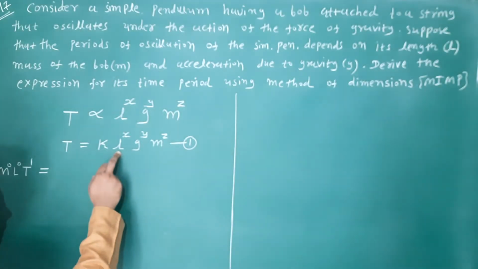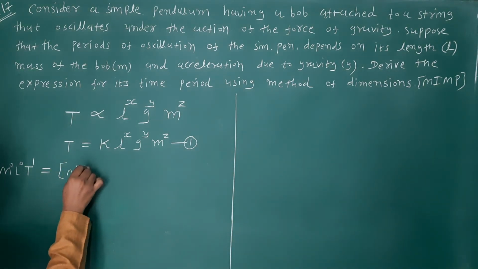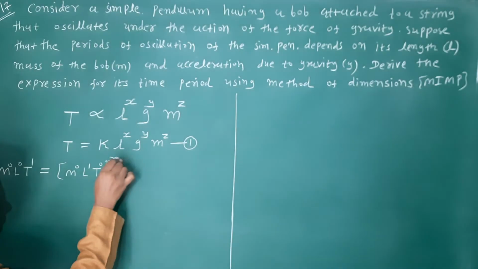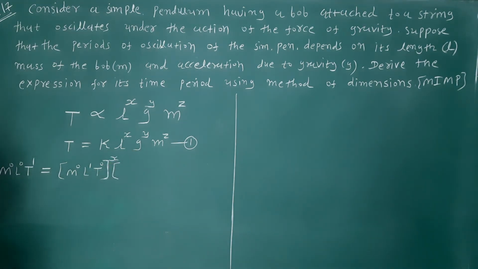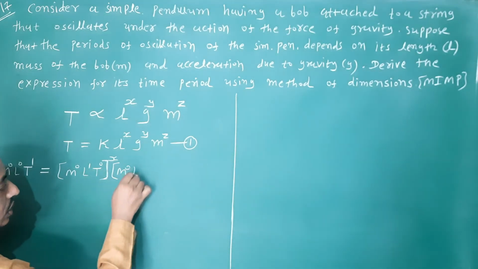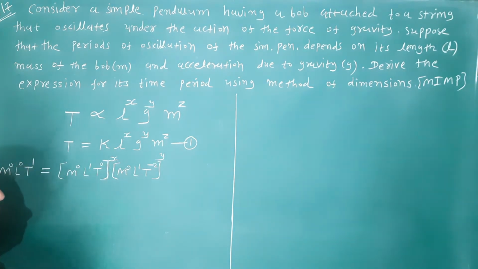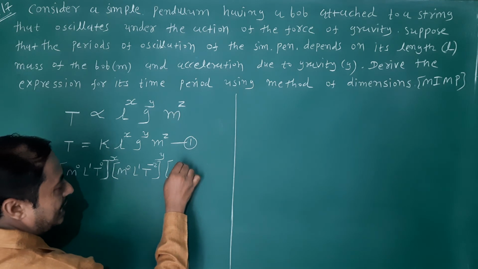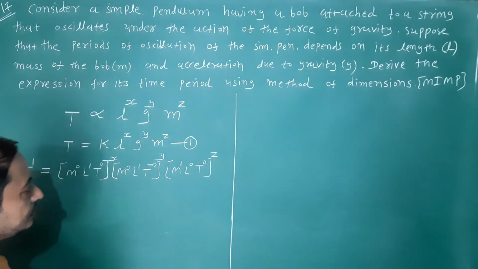Here L is the length, so its dimension formula is M0, L1, T0 raised to power x. Same, g is gravitational acceleration, and its dimension formula is M0, L1, T minus 2 raised to y. And here m is a mass, so its dimension formula is M1, L0, T0 raised to z.